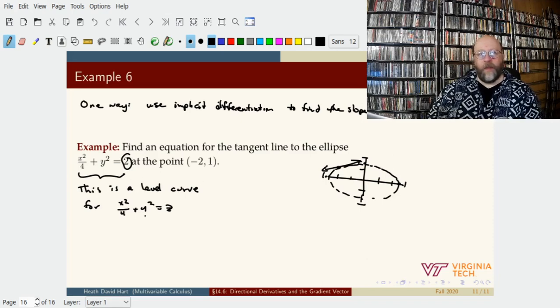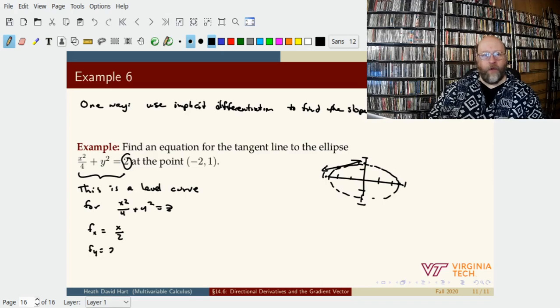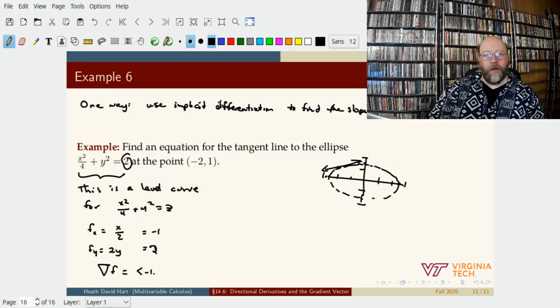And so the derivatives of this function are, bring down the 2, this is x over 2, and the derivative in the y direction is 2y. And at the point (-2, 1), this is negative 1, and this is positive 2. And so the gradient vector for this function is (-1, 2).